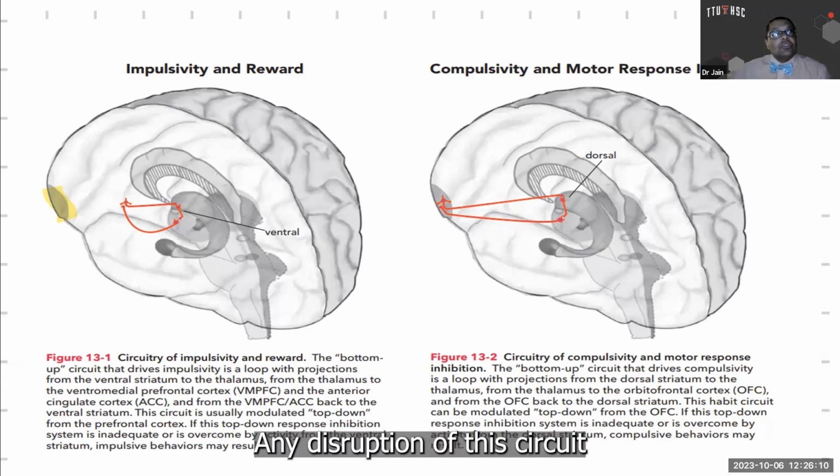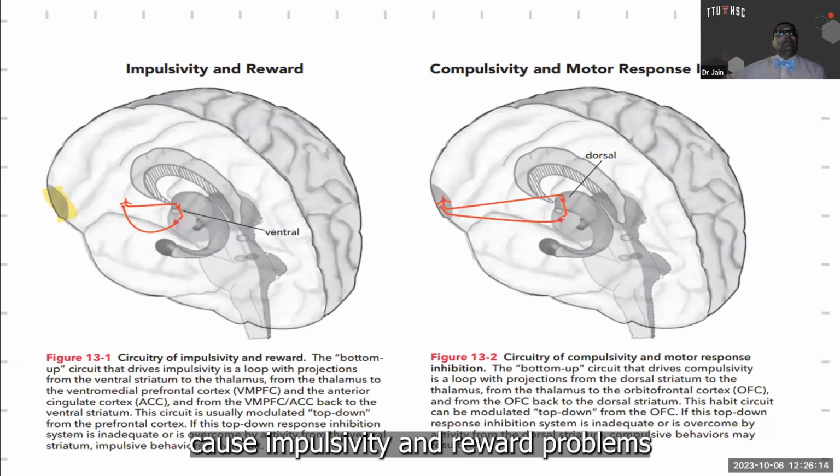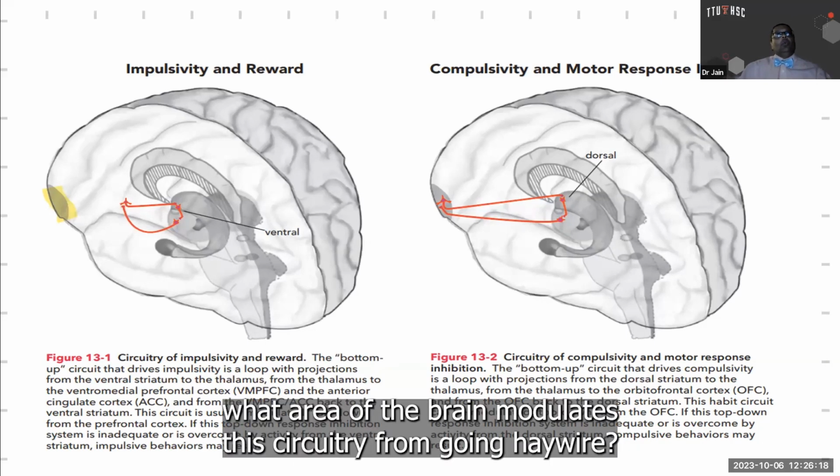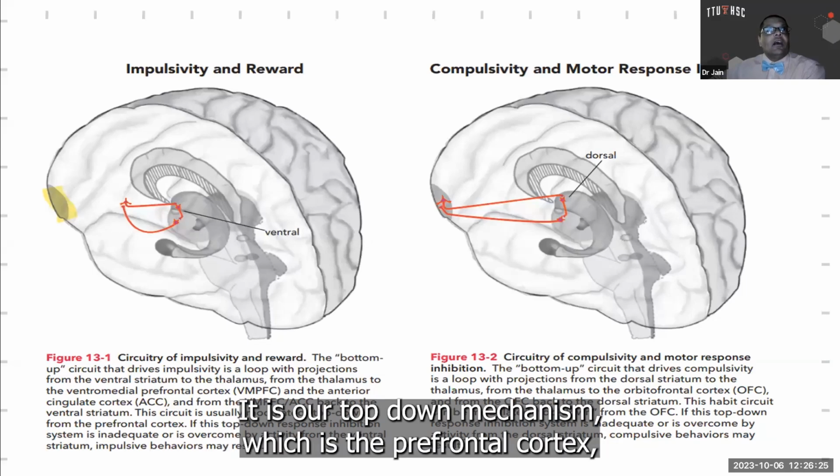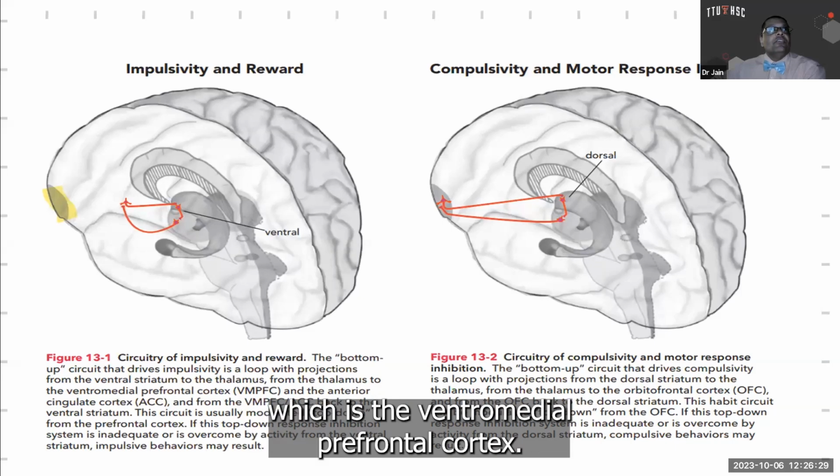Any disruption of this circuit is known to cause impulsivity and reward problems, right? Now, what area of the brain modulates this circuitry from going haywire? It is our top-down mechanism, which is the prefrontal cortex, the ventromedial prefrontal cortex.